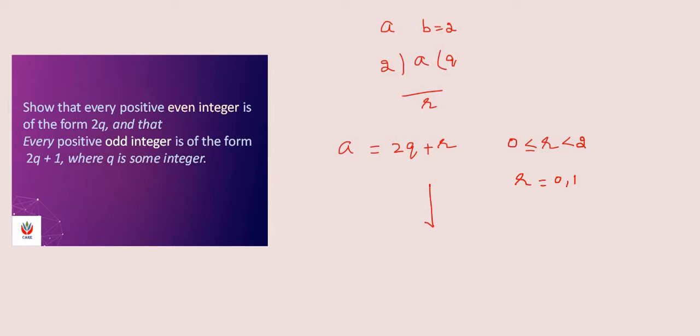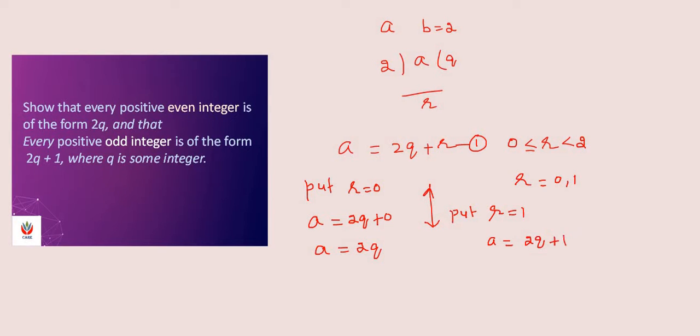If you substitute these two values in this equation, put r is equal to 0 in this equation: a is equal to 2q plus 0, a is equal to 2q. Similarly, I am putting r is equal to 1 in the same equation: a is equal to 2q plus 1.